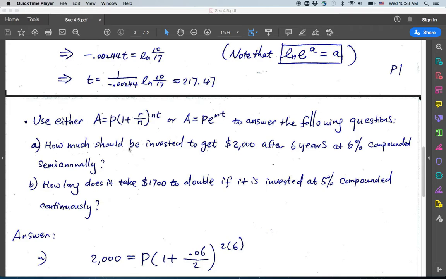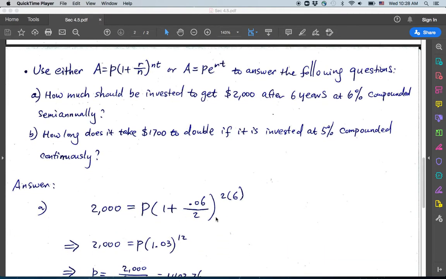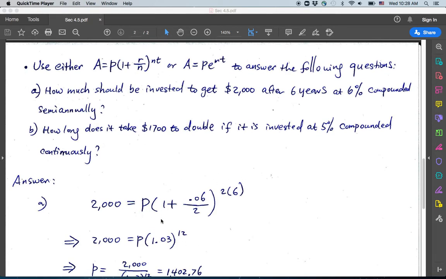Okay, so plug these numbers into the compound interest formula. We have this equation. And we're looking for P. This is actually a linear equation. This entire exponential expression is just a coefficient for the unknown P here.